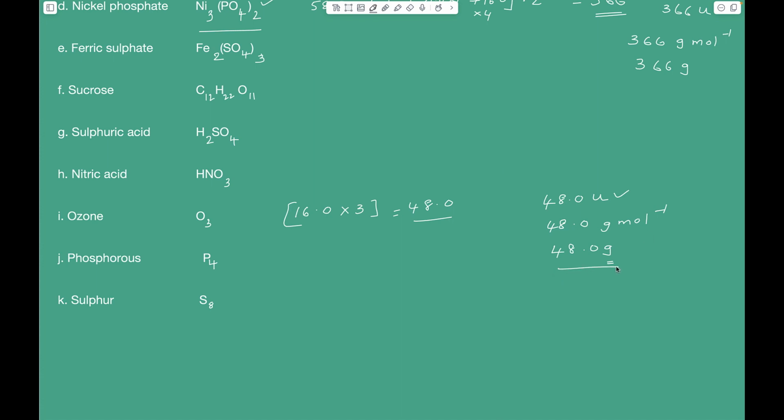Again, 48.0 grams is 1 gram molecular weight or gram molecule or gram mole or simply mole of ozone, and 1 mole of any substance contains an Avogadro's number of molecules. And I will leave the rest as an exercise for you.